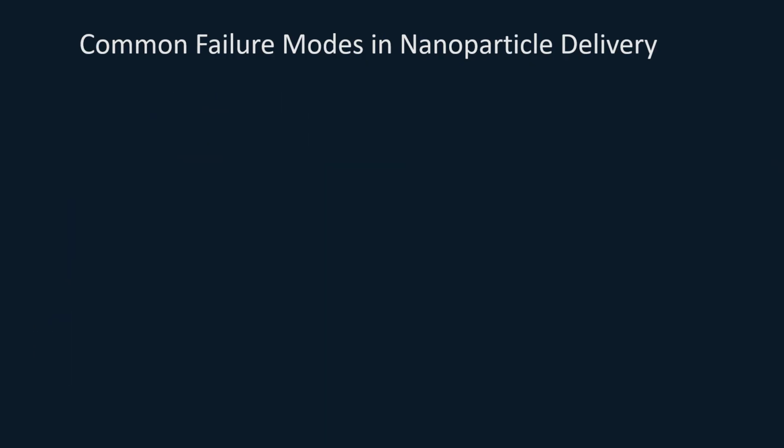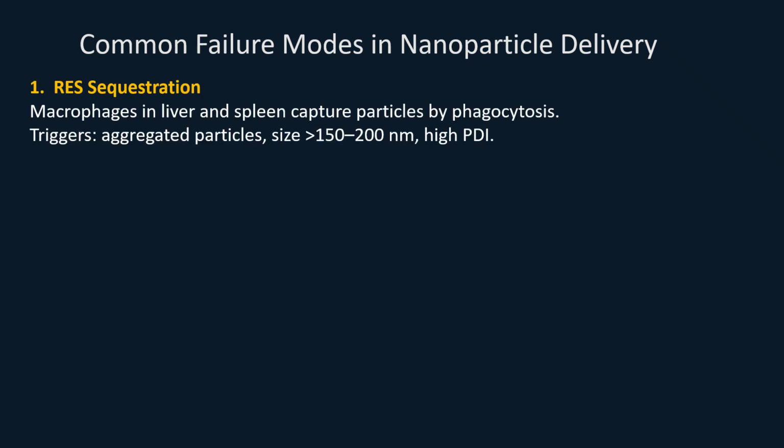LNP delivery can fail in several distinct ways after injection, and each failure mode has a different mechanistic cause. The first is RES sequestration. Macrophages in the liver and spleen recognize and phagocytose particles, particularly those that are large, aggregated, or have high PDI.